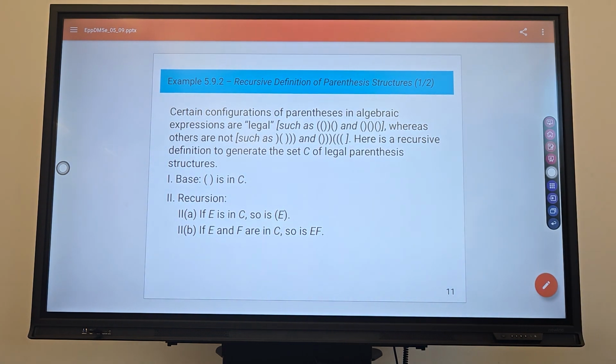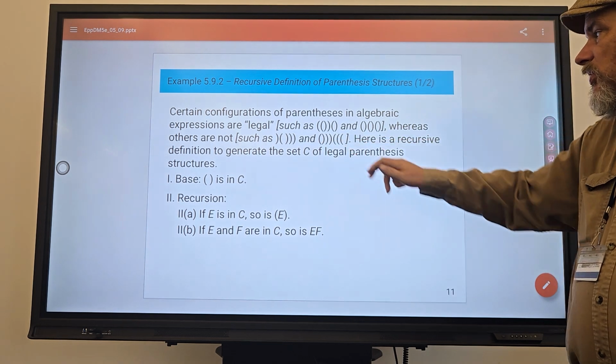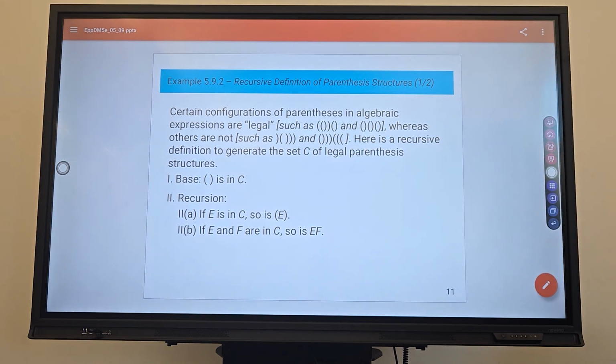Certain configurations of parentheses in algebraic expressions are legal, such as these two, whereas others are not, such as these. Here is a recursive definition to generate the set C of legal parentheses structures.